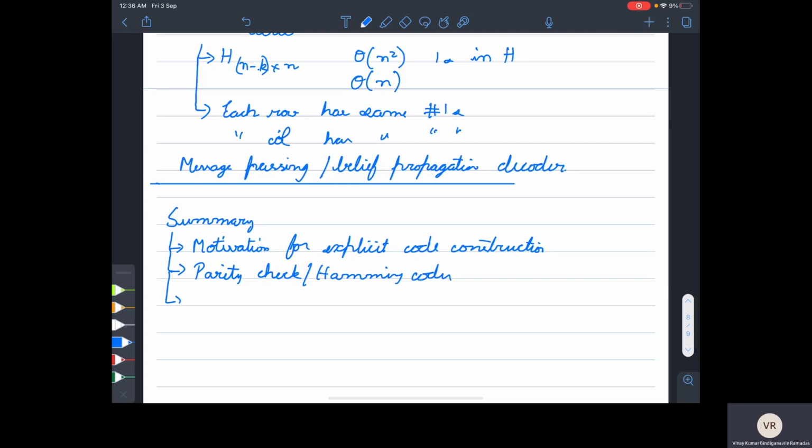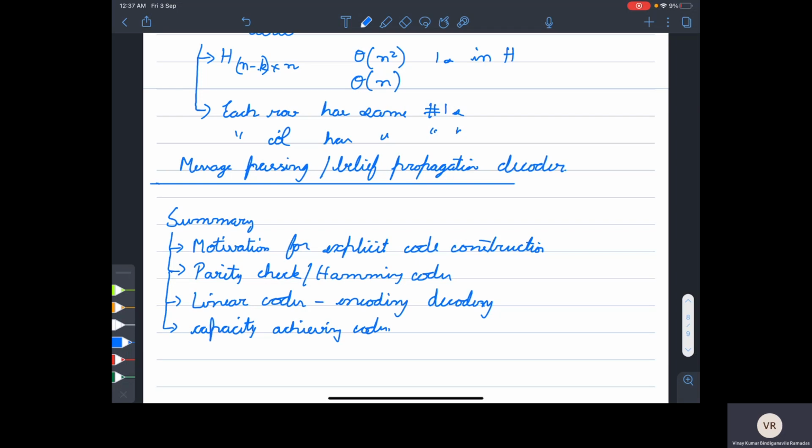Then we developed some theory for linear codes. We saw how the encoding and decoding is done. And finally, some background on capacity achieving codes. Right. So that concludes this lecture on error correcting codes. Thank you.